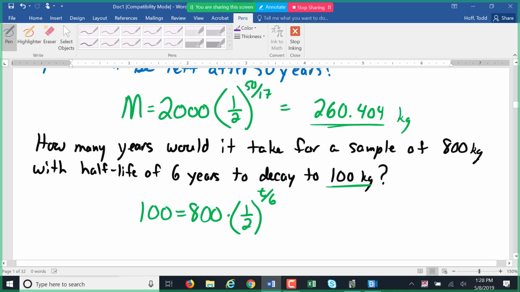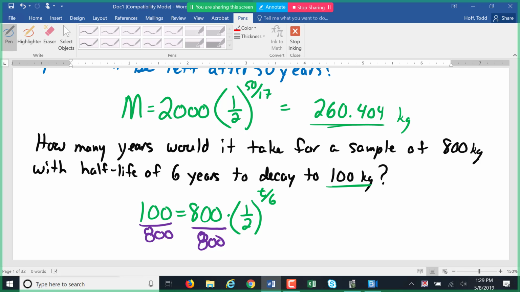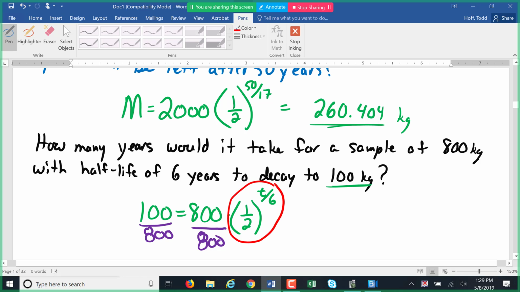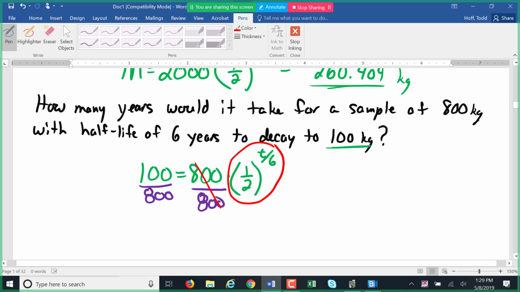When we take it apart, the first thing we have to do is divide by the 800. We have to get the exponential by itself. Just like in our radical equations, we had to get the radical by itself, we have to get the exponential by itself. The exponential here is the 1/2 to the power of t over 6. So we get rid of that 800 by dividing it out. 100 divided by 800 is 0.125.